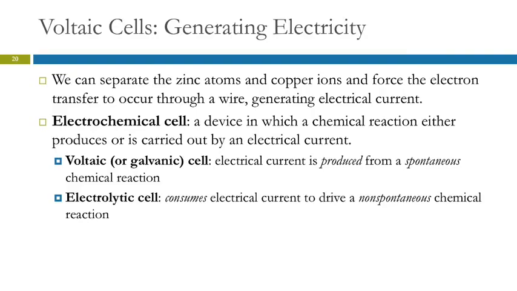So in the beaker, we can't use any of this movement of charge, but if we separate the 2 half reactions and force electrons to travel through a wire, we can actually generate electrical current. Electrochemical cells are devices in which a chemical reaction is either producing electrical current or is being carried out by an electrical current.